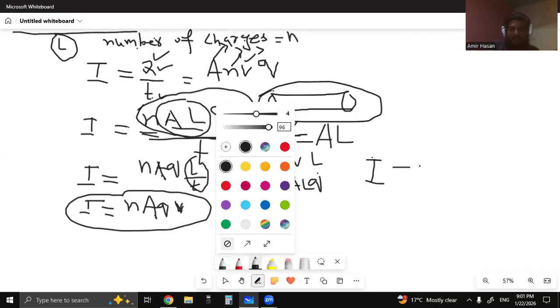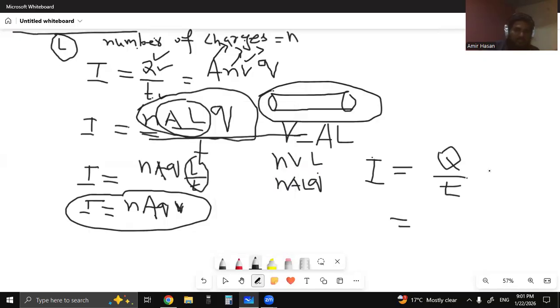I equal to Q upon T. And we know that according to our derivation, the total charges are nALQ. What is the value of total charges? nALQ: area into length into charge value Q into number of charges.